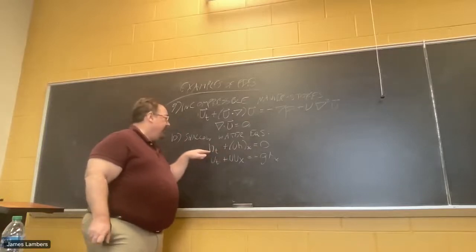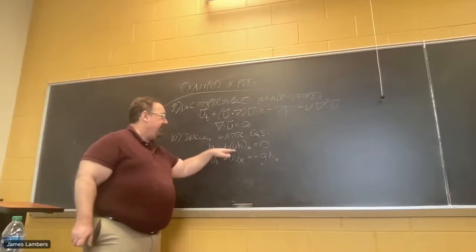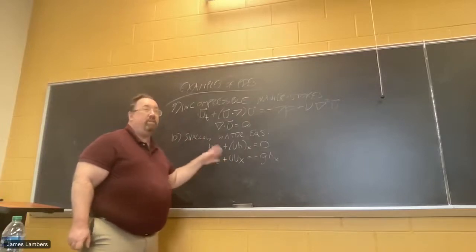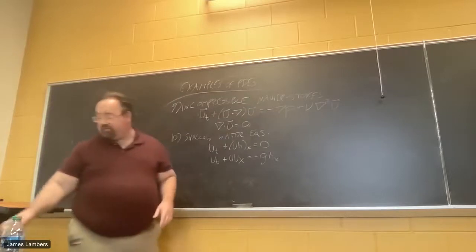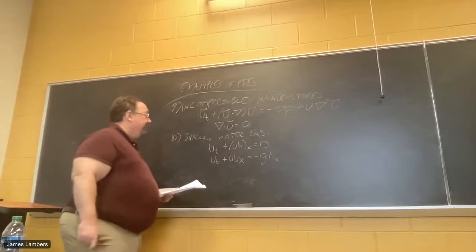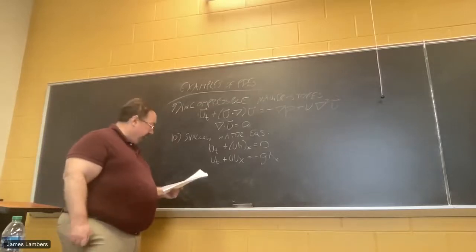We have ht plus a function of h with respect to x is 0. The other equation, although it's not written in conservation law form, could be rewritten to be in that form. So this is a system of conservation laws. So again, it's still modeling fluid dynamics, but this time in the case of shallow water.